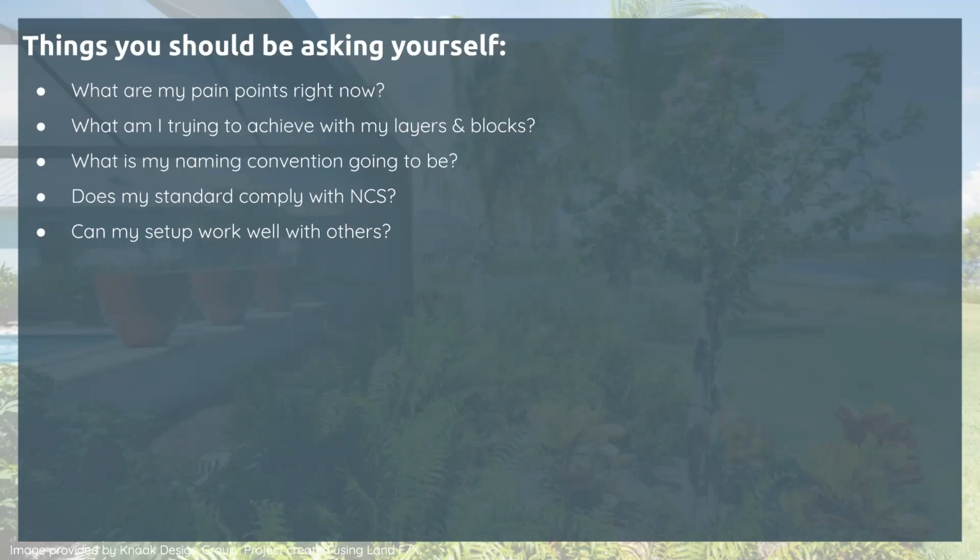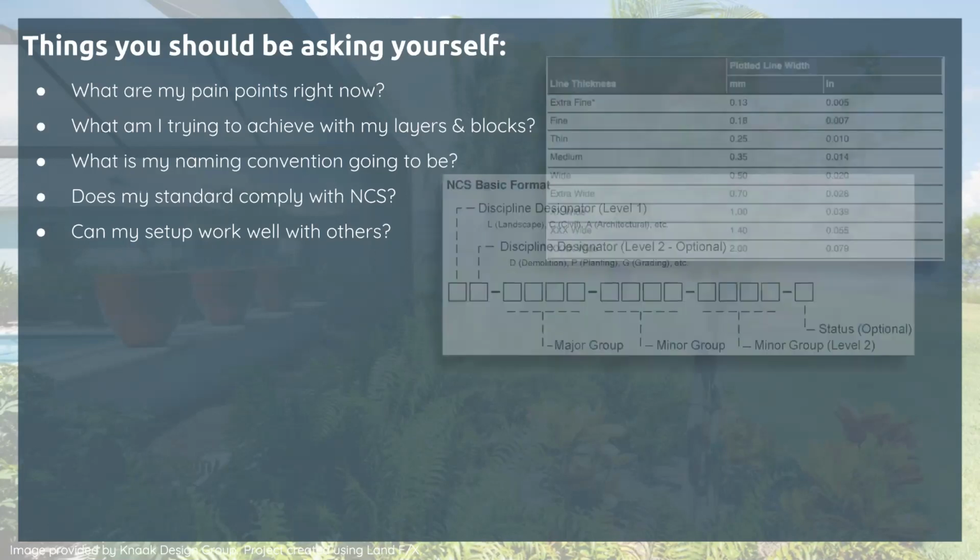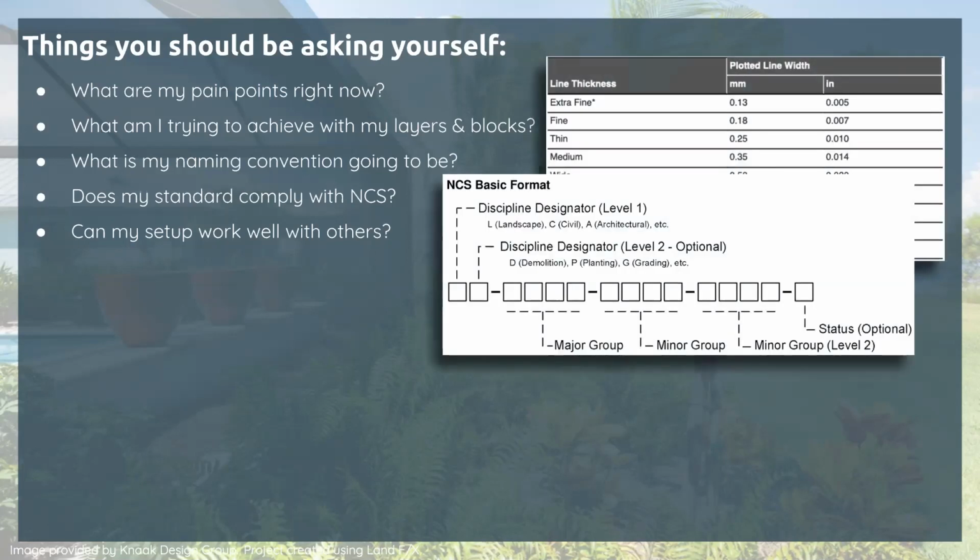But from a naming convention standpoint, and then complying with the National CAD Standards, this NCS, is something that's pretty key. And they have, again, a really nice starting point from a standard layer naming and from a line thickness standpoint for those layers, for the colors that are being used.